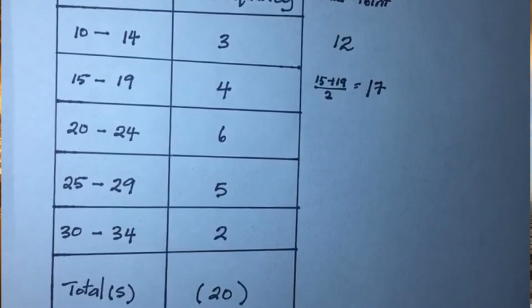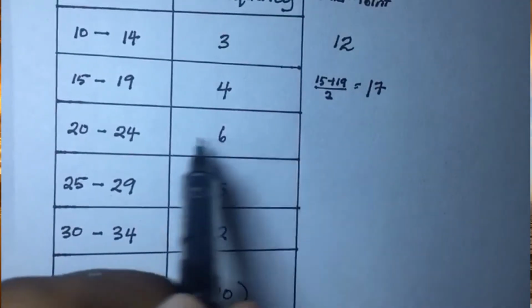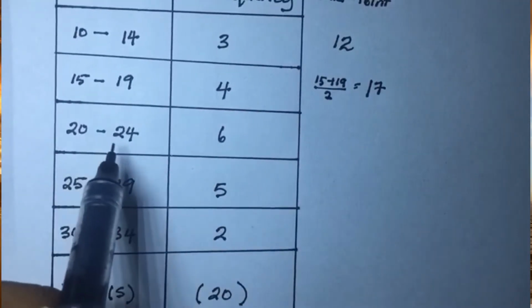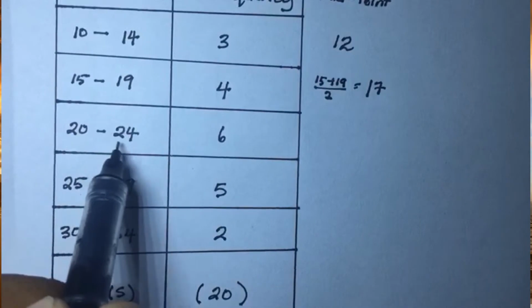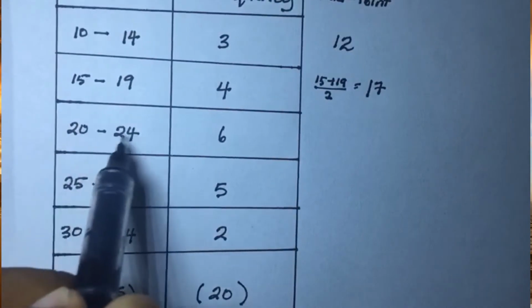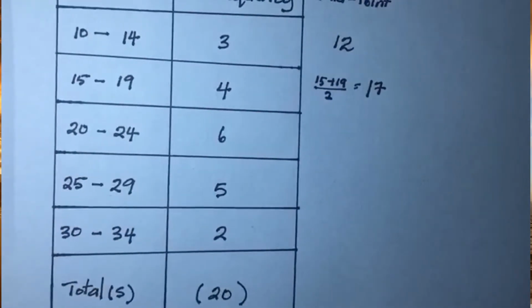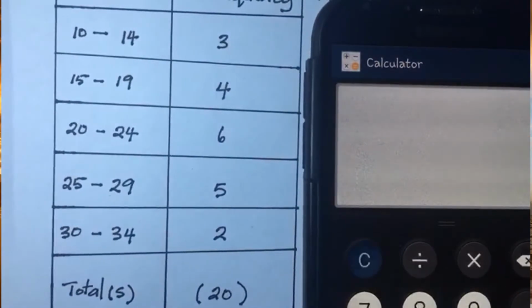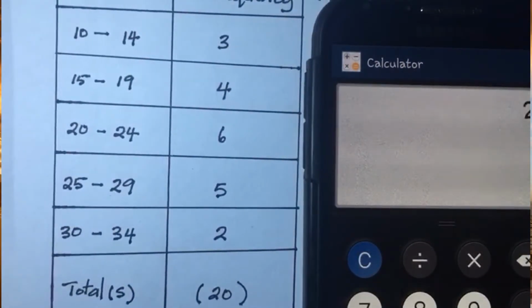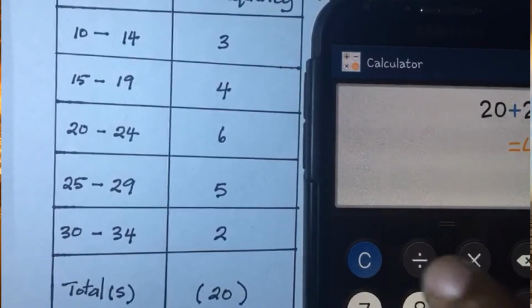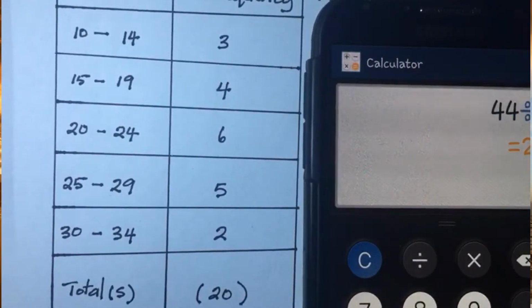Alright, to calculate the midpoint of the third class, we have to find the number that's in between both of these. So I add those two numbers, 20 plus 24, then divide the answer by 2. I get 22.